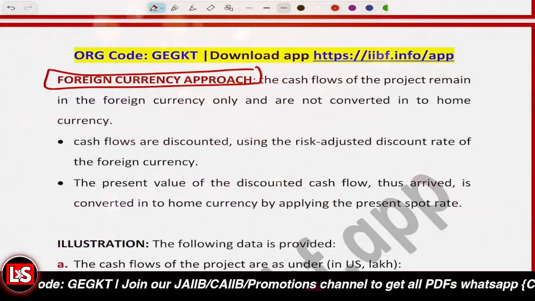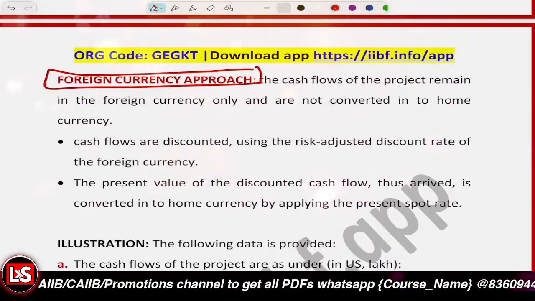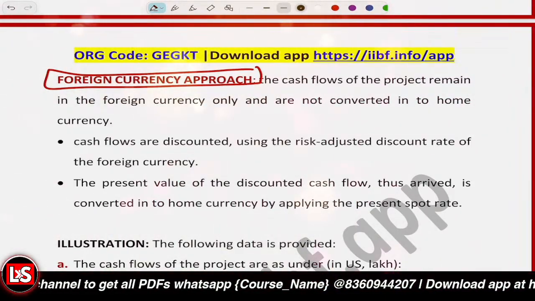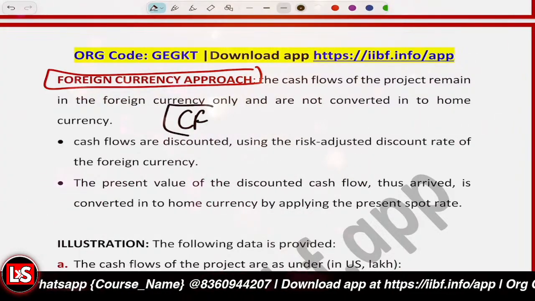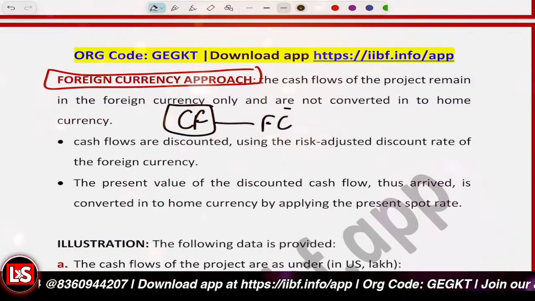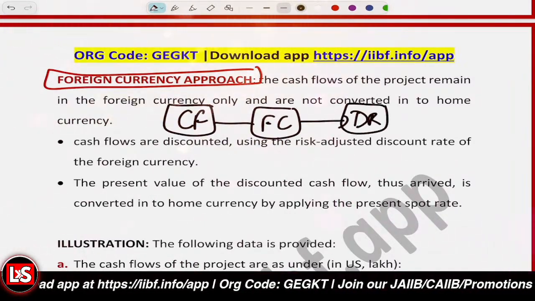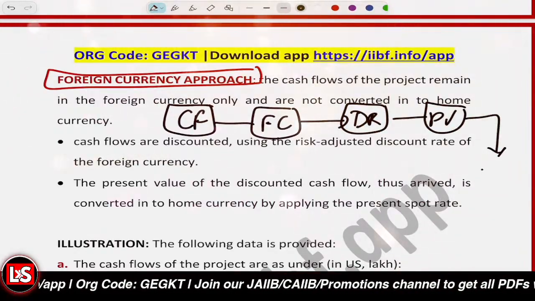The cash flows of the main project remain in the foreign currency only, and they are not converted into the home currency. So you'll be estimating the cash flows, and they will remain in the foreign currency only, no change. Then you'll be using the discount rate to calculate the present value, and then you'll be converting them into the home currency.